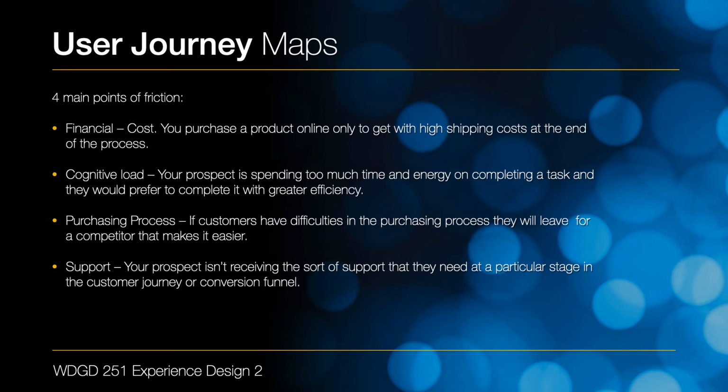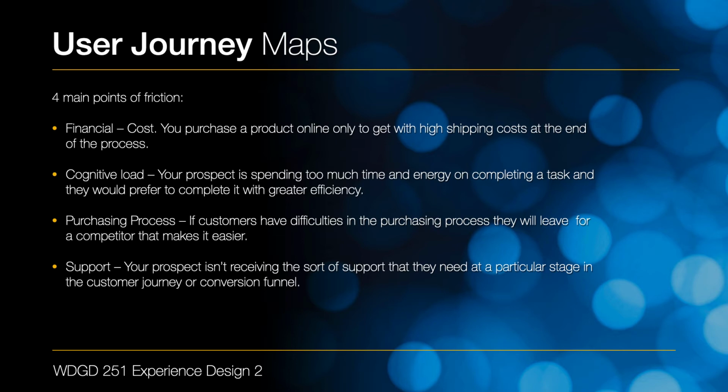For the example I have here, which I think we've all experienced, you go through the whole purchase process, you're kind of happy, it's the right price, and then you get to the checkout and suddenly you discover there's a $20 delivery fee or even higher, and you're like, what? That's when a lot of people are going to drop out of the process when they get a surprise. Maybe if you told them how much the shipping was going to be before they got to that point, they'd be prepared for it and they could make that decision.